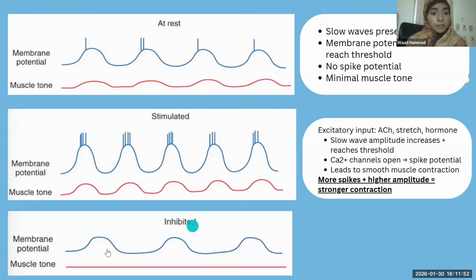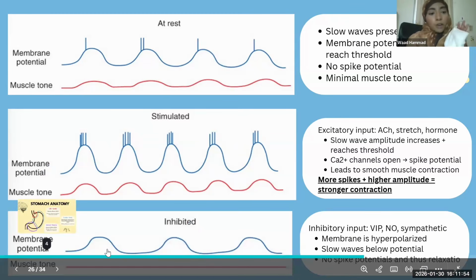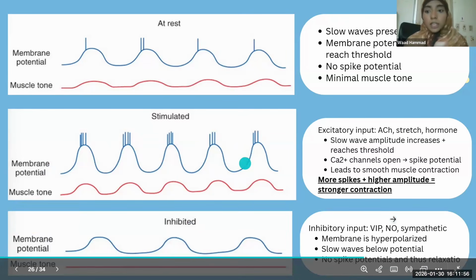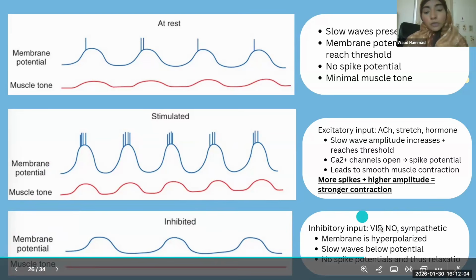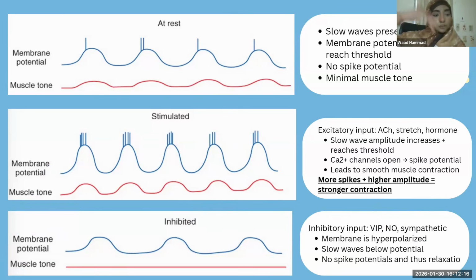And then last but not least, if it's inhibited, so we don't want any contraction at all. This is, for example, especially in the places of the sphincters, when we have inhibitory input. For example, VIP, nitric oxide or sympathetic stimulation, when we have inhibitory neurons releasing these, it completely stops any muscle tone whatsoever. So there's not even the fluctuations.